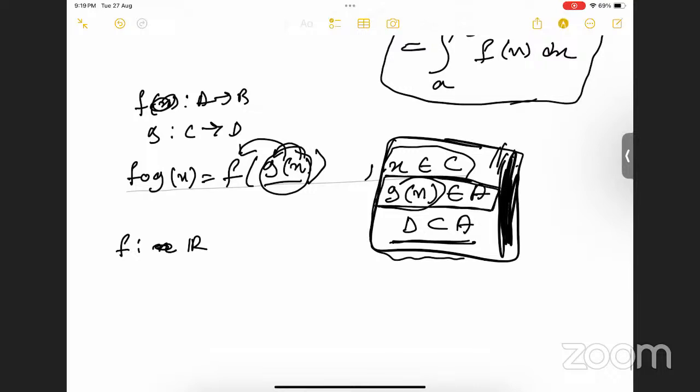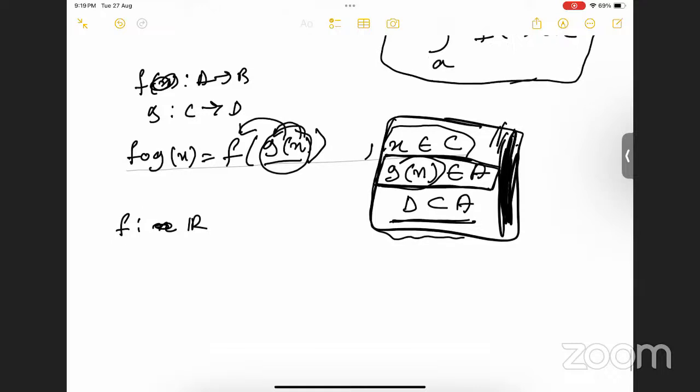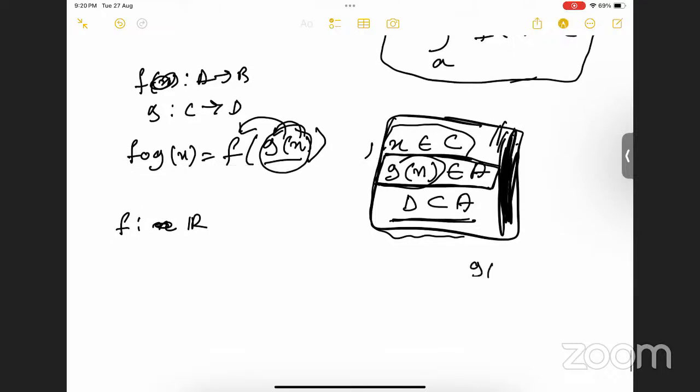From here we are applying this: G of x belongs to A, the domain of F. And D was the codomain of G. Fine. That means G of x belongs to D, and this implies G of x belongs to A. That means D should be a subset of A. This is the condition. Okay.